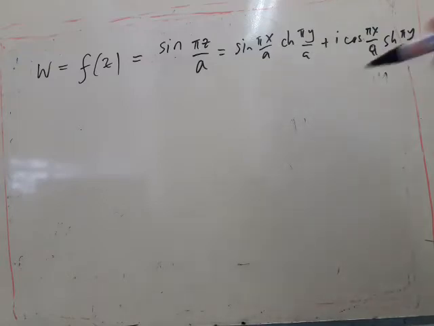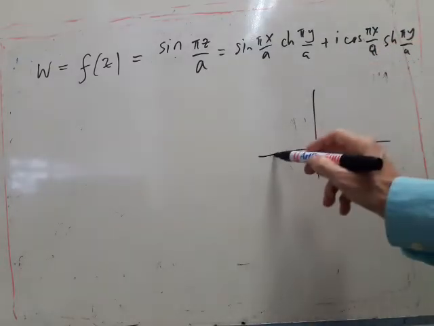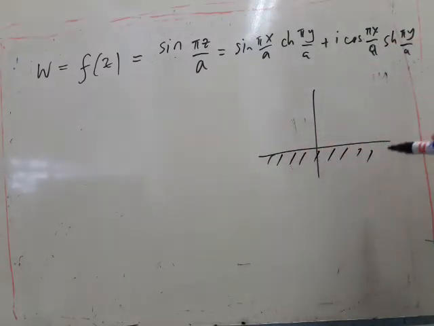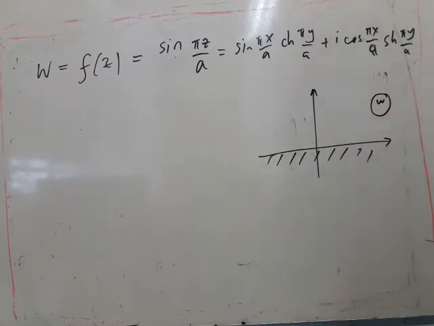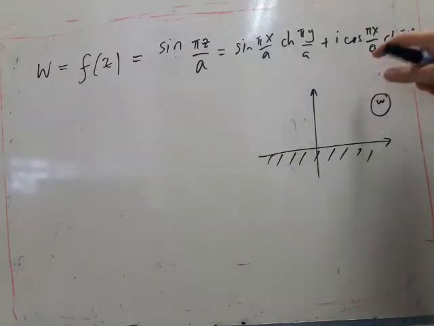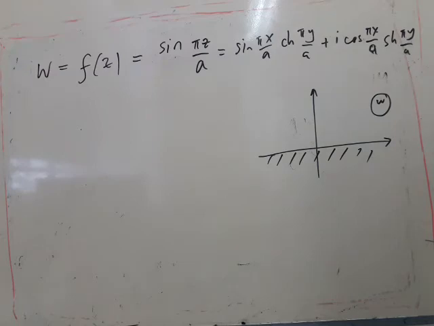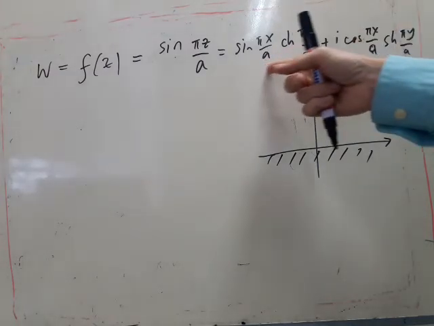So what we're after, again, is a region which will map to the upper half plane of the W plane. So we just want to find one region which does that. For that to happen, we want x to have all possible values.